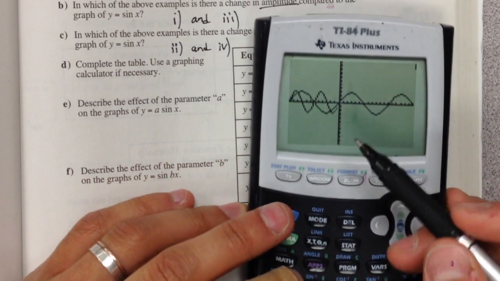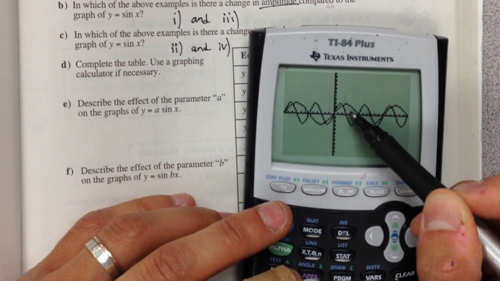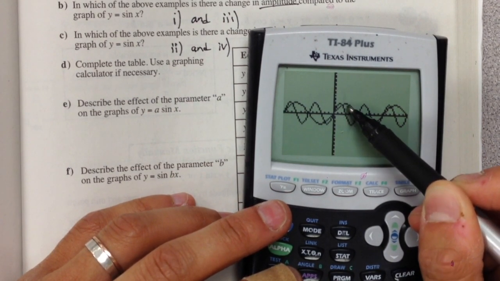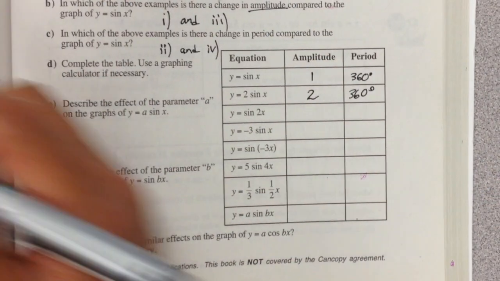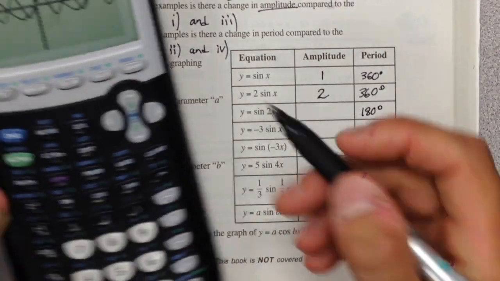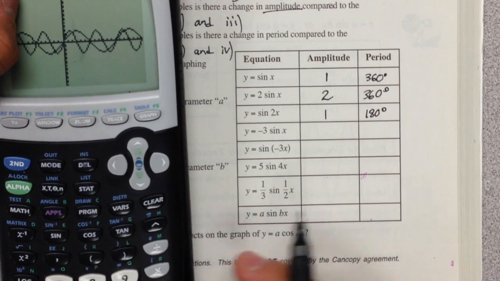Let's see what's happening here. I'm actually crossing at halfway, so my period is halfway between the period of my original graph. That means we're at a period of 180 degrees, but I have the same amplitude. It's the same maximum and minimum points of 1.